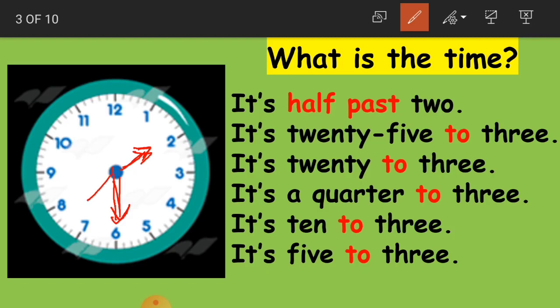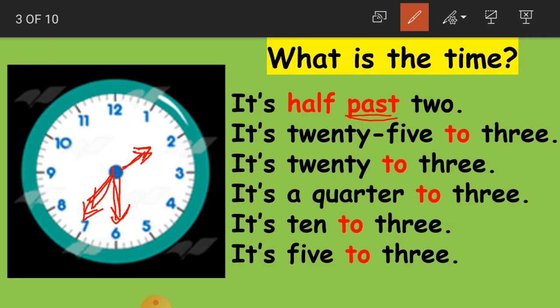Again, if the big hand is at 7, it's 25 to 3. See here. You have noticed the difference, children? Until now we have talked about past, because 2 o'clock is past and we had 5 past 2, 10 past 2, 20 past 2.